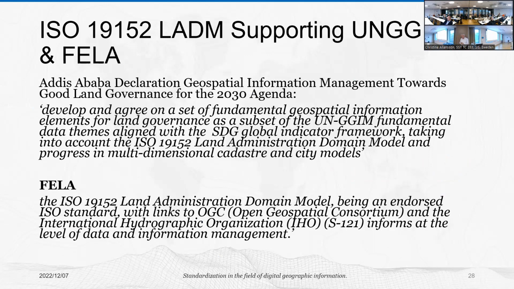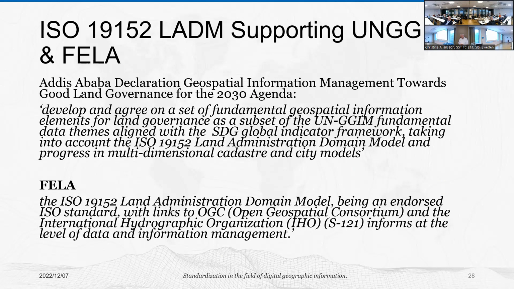One is the UN-GGIM environment, and also the Sustainable Development Goals. We've started to link up significantly around the goals and their subgroups, around why nations need to improve their land administration.